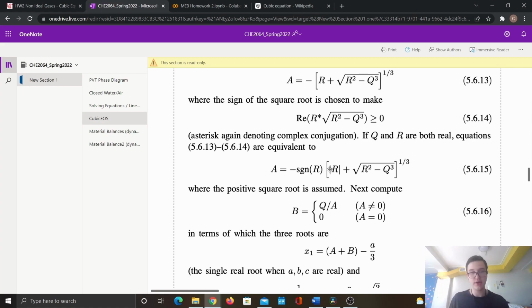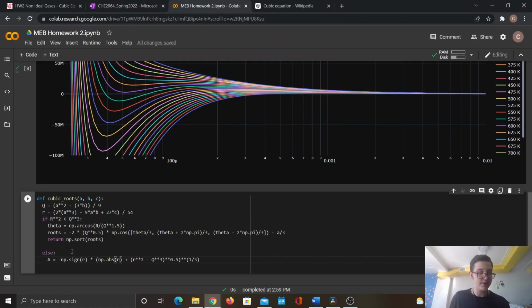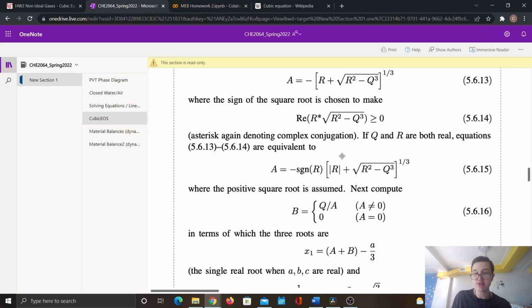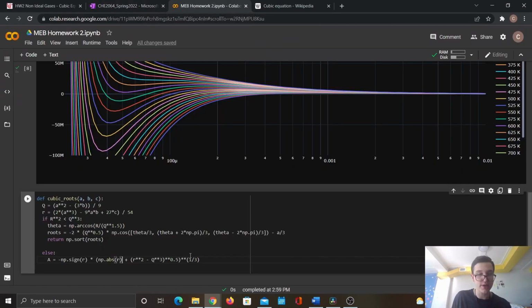Sign just takes the plus or minus out of r: if r is positive, it will bring back a positive 1, and if r is negative, it will bring back a negative 1. Times the absolute value of r, we always want that to be positive. Square root, cubed, squared, 1/3, yes, nothing else has changed here. All the parentheses look closed, we are set there.